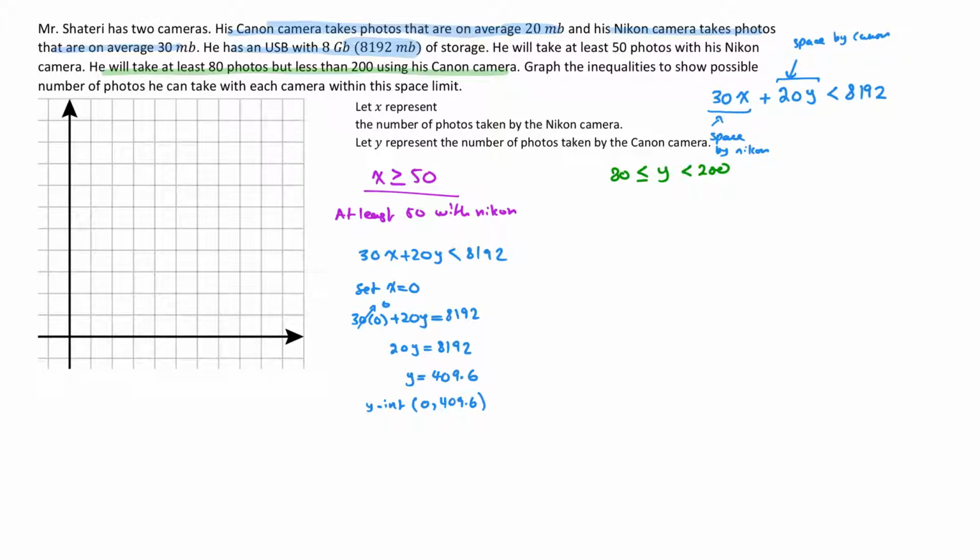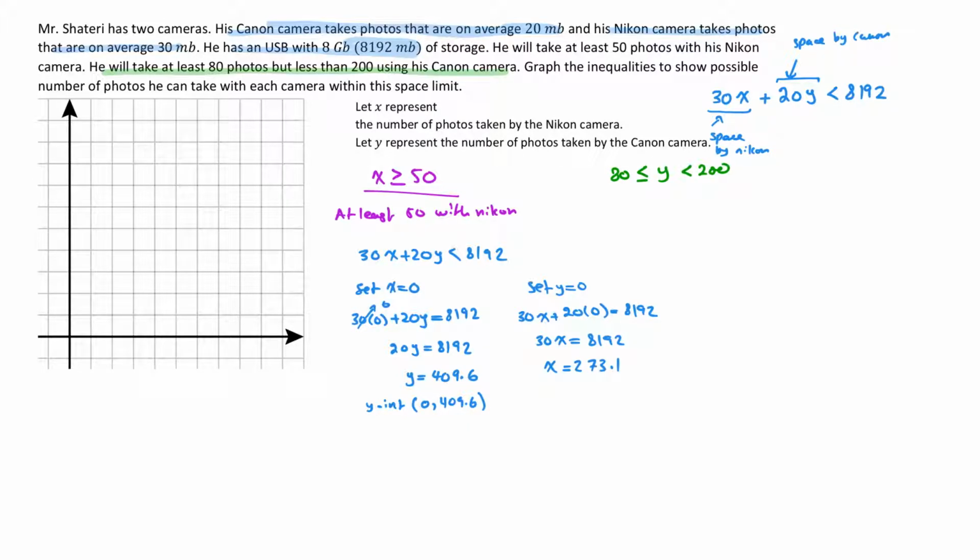And I want to find my x-intercept as well by setting y equal to 0. So then 30x plus 20 times 0 is equal to 8,192. And that means that 30x is equal to 8,192. Divide both sides by 30, and I will get 273.06. I'll just round this for now.